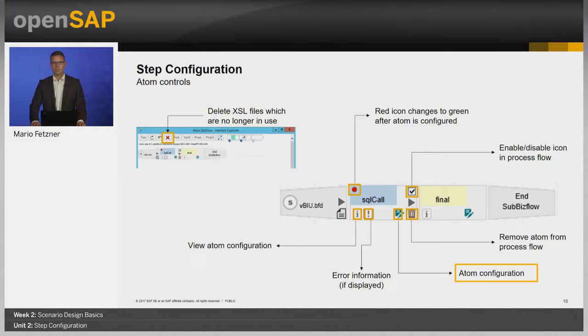For example, you can change the name from SQL call to callDB in the atom description field. You cannot change the atom identifier which is assigned by the integration framework, atom 0, atom 1, and so on. The error information icon displays if there are errors in the configuration or the configuration is not complete. With the View icon, you can view the atom configuration details without the option to edit them.